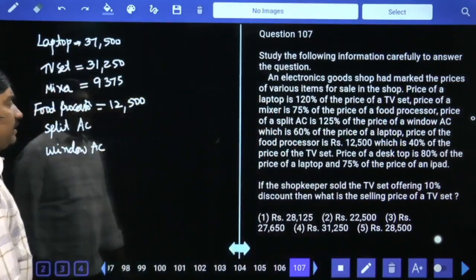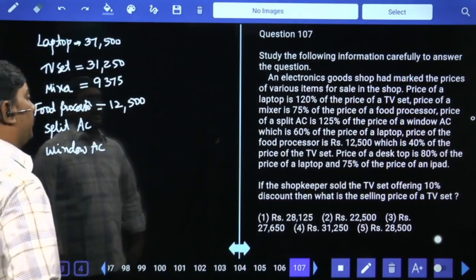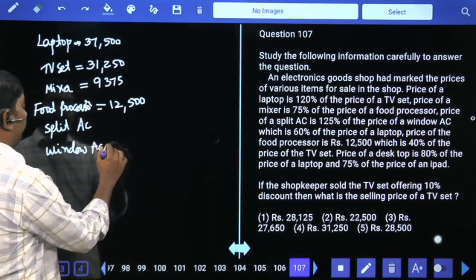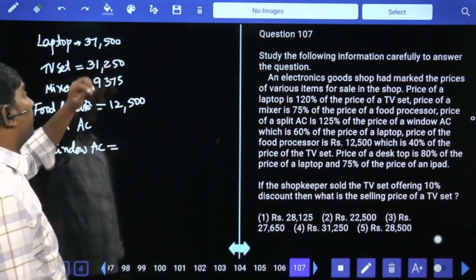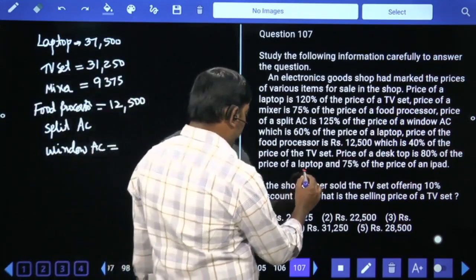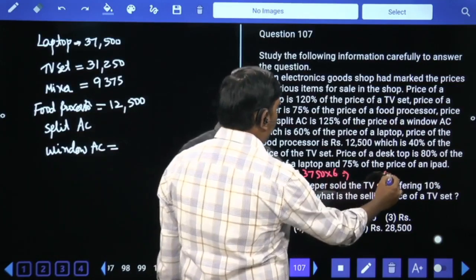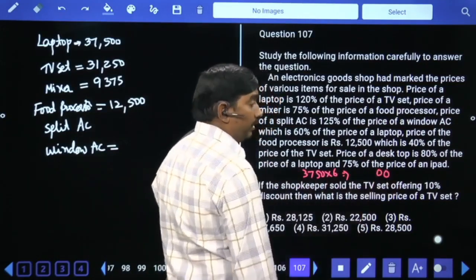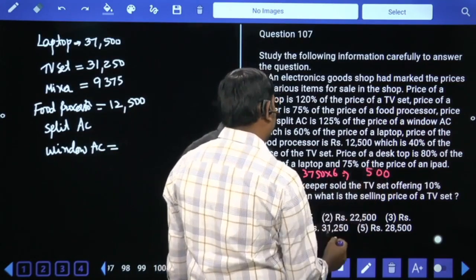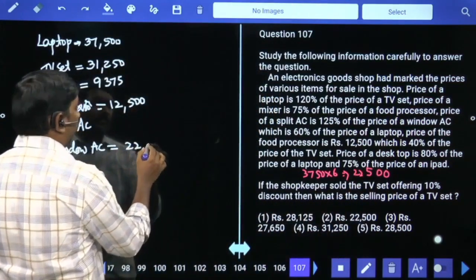The price of a split AC is 125% of the price of the window AC, which is 60% of the laptop. So the window AC is 60% of the laptop. 10% is 3,750, so 60% means 6 times that, which is 22,500. That is the window AC.